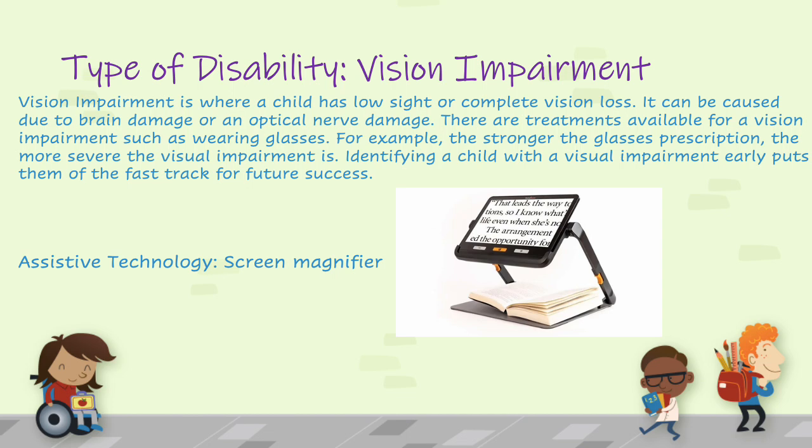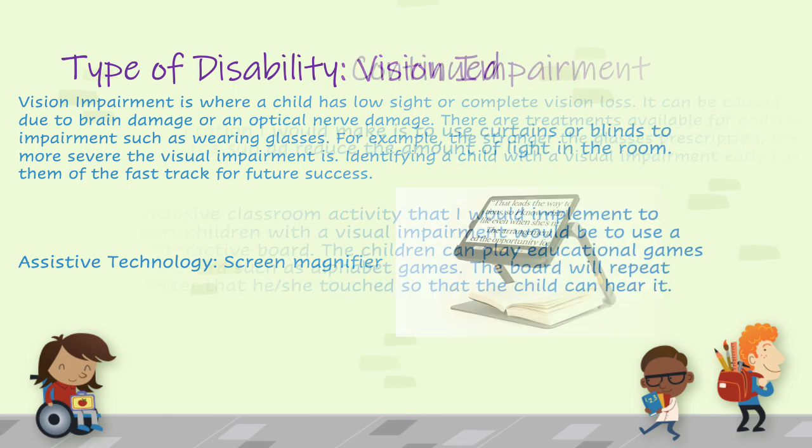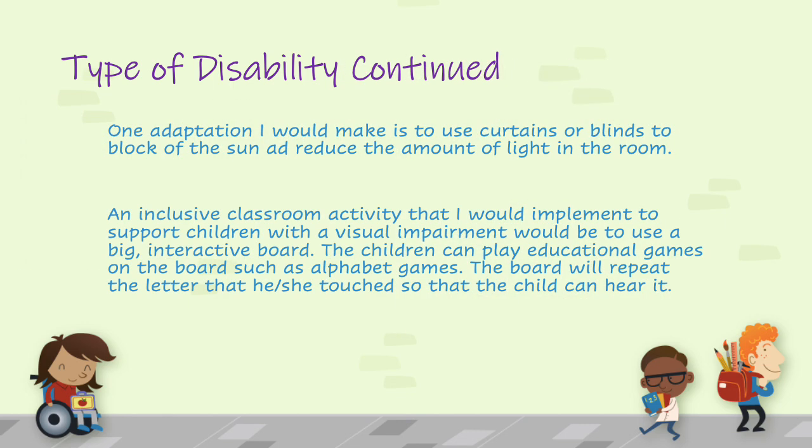An assistive technology device I put is a screen magnifier. I would use curtains or blinds to block the sun and reduce the amount of light in the room to adapt for students with visual impairments.